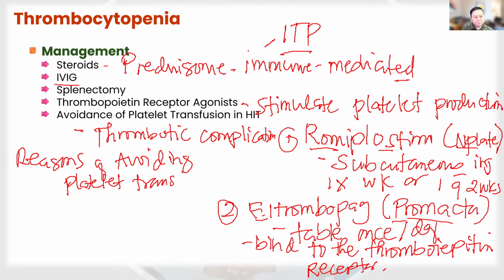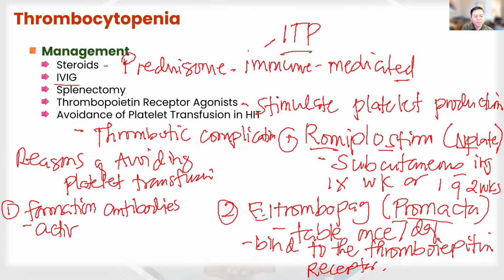we have several. Okay, one is that the HIT itself, the heparin-induced thrombocytopenia, is caused by the formation of antibodies against the exposure, right? Once the patient was exposed to the heparin, they will now form the antibodies that will activate the platelets.